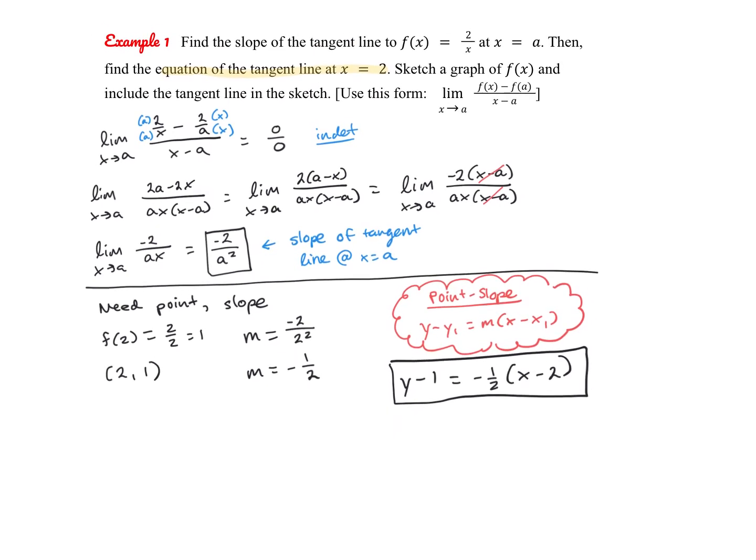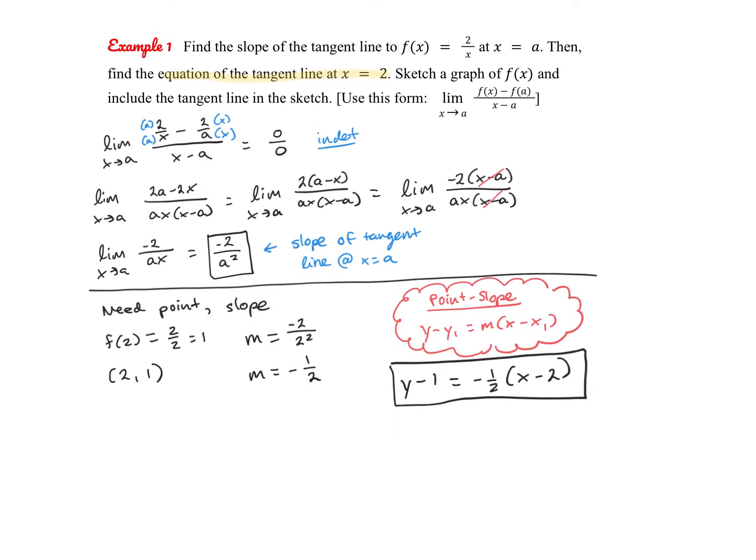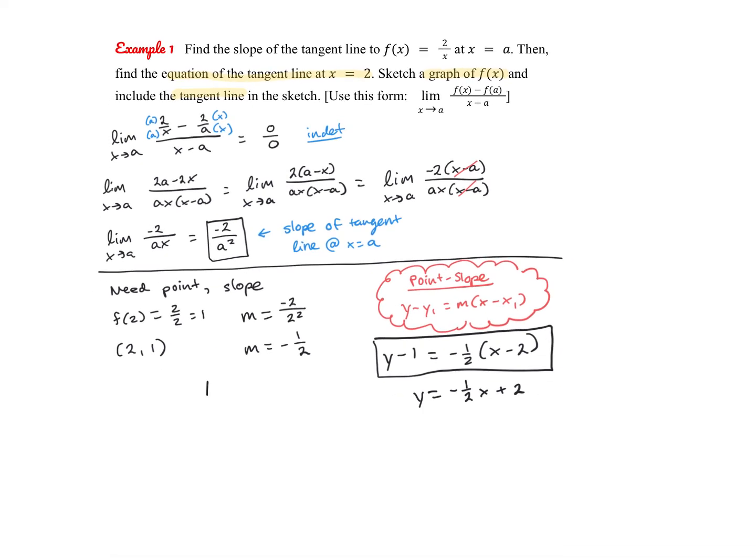All right, the last thing we're asked to do is to sketch a graph of f of x and the tangent line. So for this, it might help to write this in the slope-intercept form, so -1/2 x plus 2. So I'm just going to do a really rough sketch here. If you look at f of x, it's a rational function.